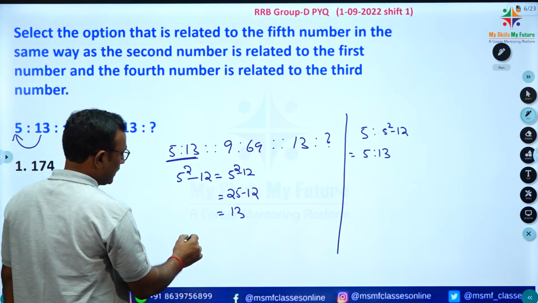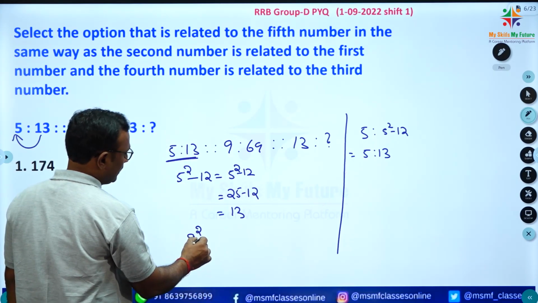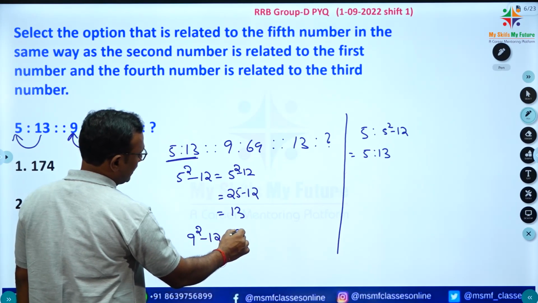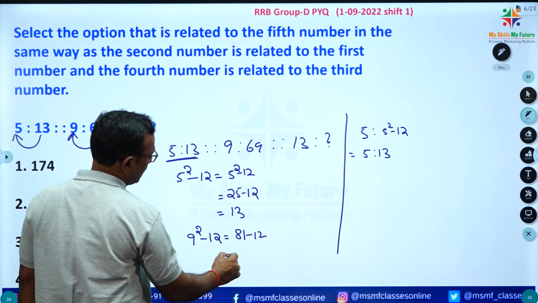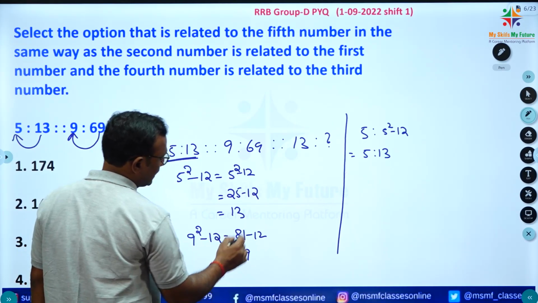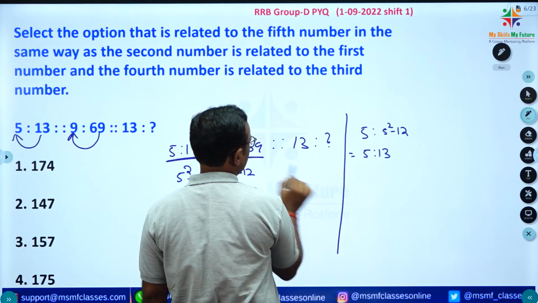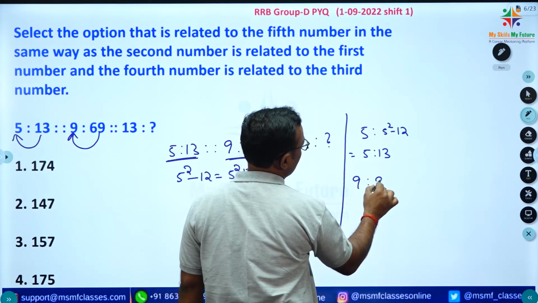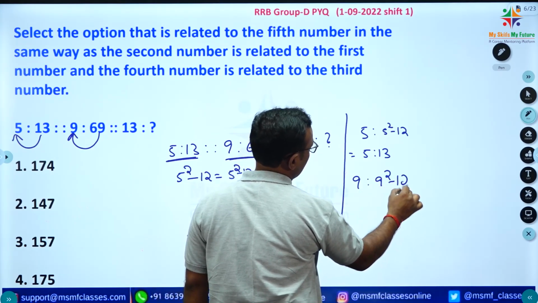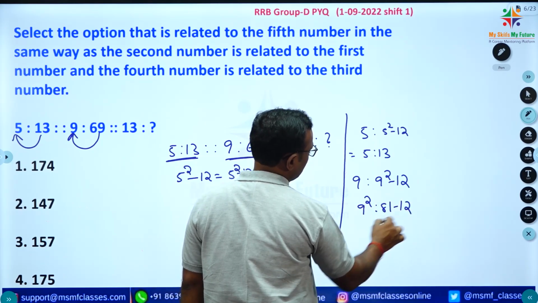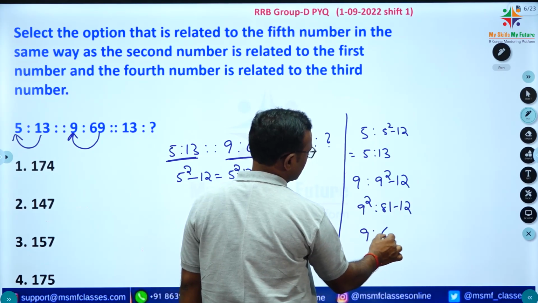Next, 9 square minus 12. So 9 square is 81 minus 12, we get 69. So for the second one, 9 is to 9 square minus 12, 9 is to 81 minus 12, 9 is to 69.